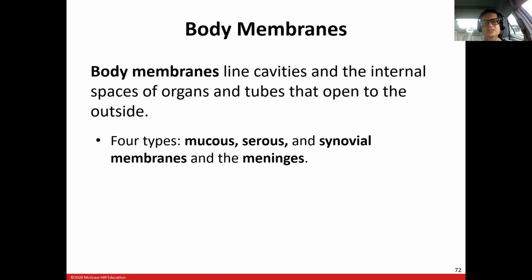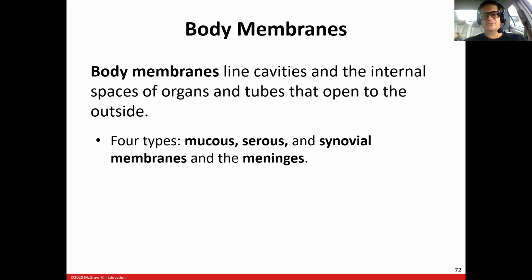Serous membranes are the ones I just described, between the two layers, the visceral and parietal, on the pleura, or the visceral and parietal on the pericardium. Serous membranes have serous fluid that lubricates the movement, makes it easier to move, makes it less painful.